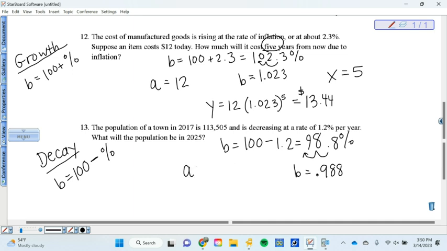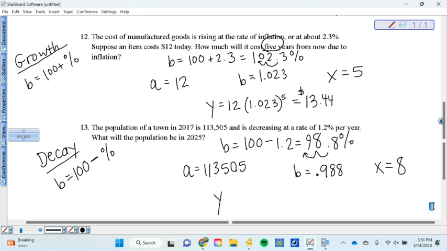And what's A? What's my starting amount? Perfect. And what do you think I'm going to use for X? Perfect. How did you get to 8? Yeah, there are 8 years in between, right?